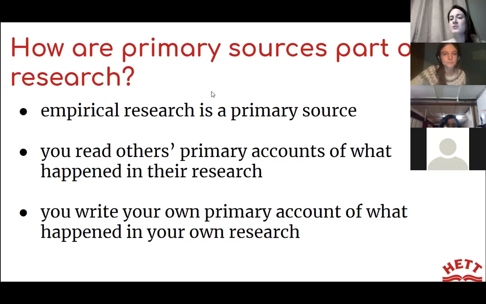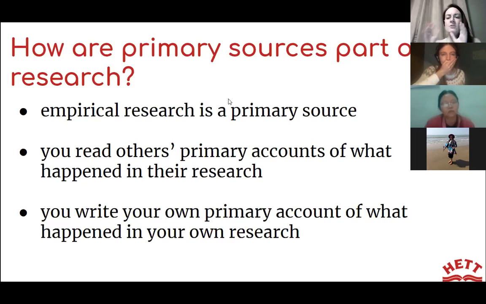So when you are writing your literature review, you might be looking at other people's primary sources. You might be doing both, because you might be looking at their discussion section and summarizing what's in it, but you'd be looking at their primary data as well.